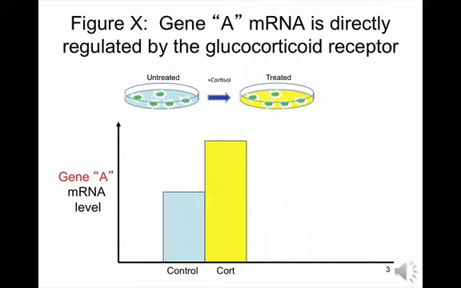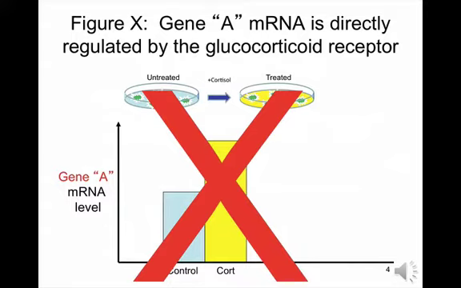As displayed, the figure suggests that on the y-axis the mRNA level is measured, and on the x-axis shows the condition that's being represented, and would appear to show that there's an increase in the mRNA level when the sample is treated with glucocorticoids or cortisol.